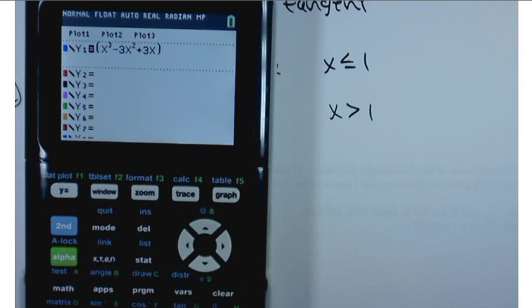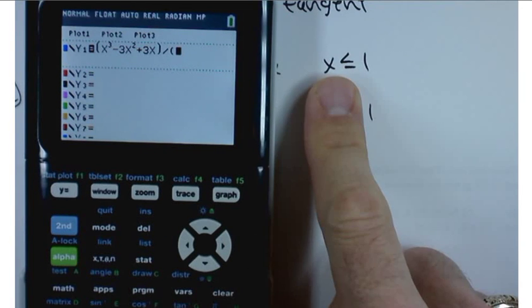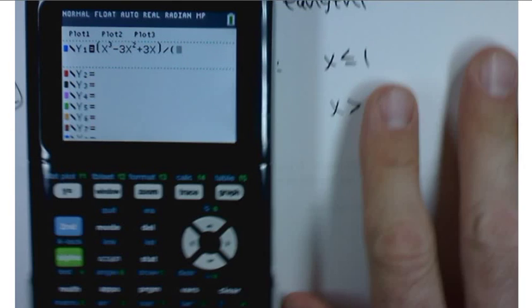I just want that for values of x that are less than or equal to 1. Now, you can do a times or you can do a divide. Let me suggest you just do division by, and now we're going to put in our condition. I want to type in x is less than or equal to 1.